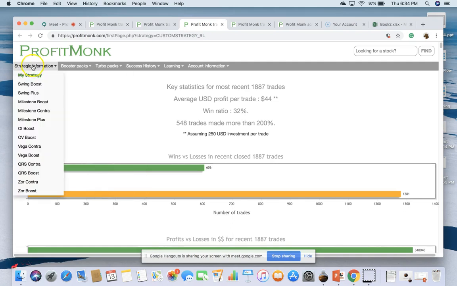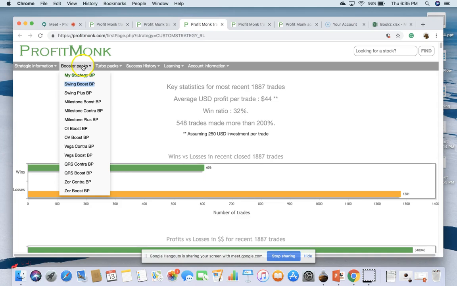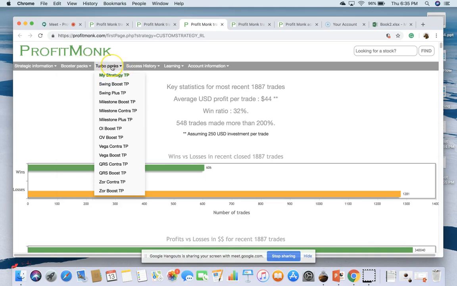There are basically three packages of different strategies. The first column is the mainline strategies, which is under the strategic information tab. Then there are booster packs. Then there are turbo packs.